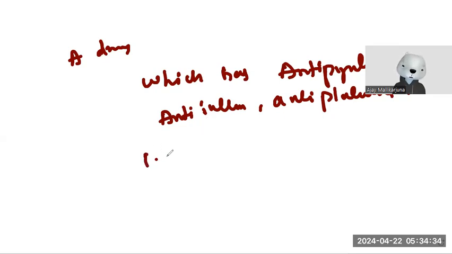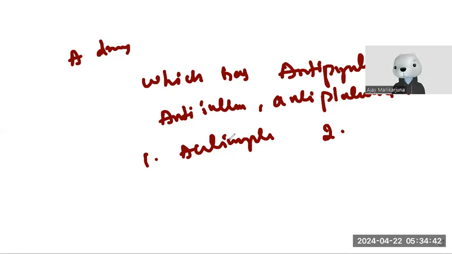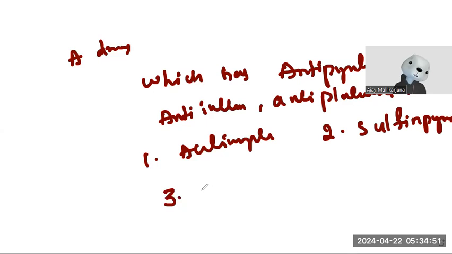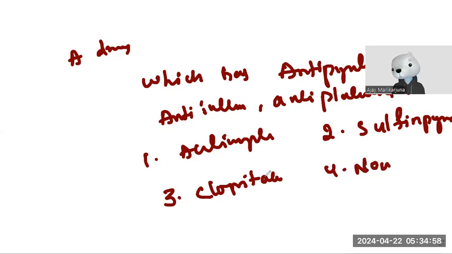The choices are: number one, acetaminophen. Number two, sulfonamide. Number three, clopidogrel. Number four, none of these. You have to give your answer in the comment section box.